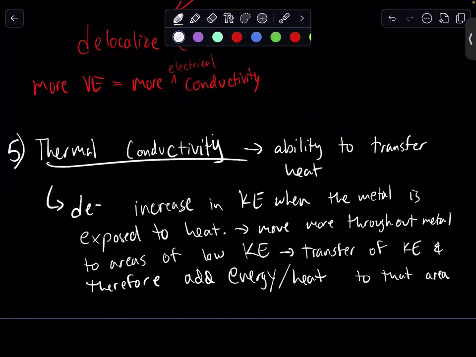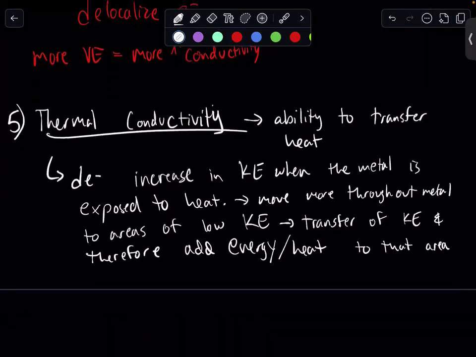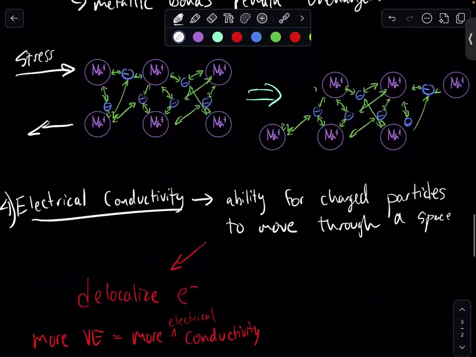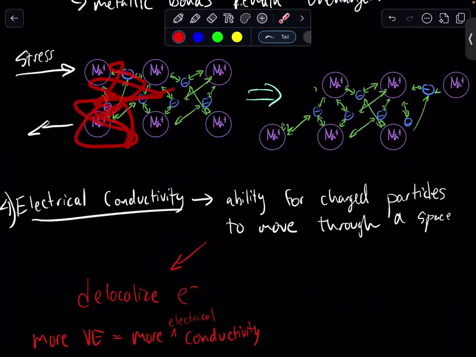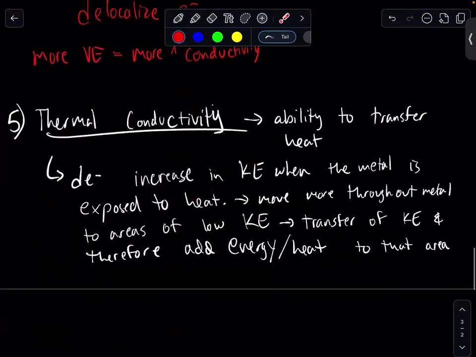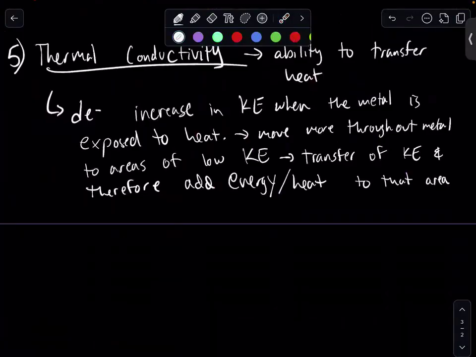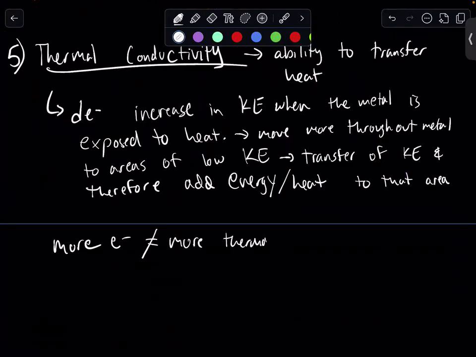So generally, we excite the electrons, they start moving through. If we look at our electrons here, if this one's bouncing around like crazy because it's getting hot, it will eventually move over here and bounce around, adding energy to our cations and other electrons in the other area. Now, here's the difference between thermal and electrical conductivity. More electrons does not mean more thermal conductivity.